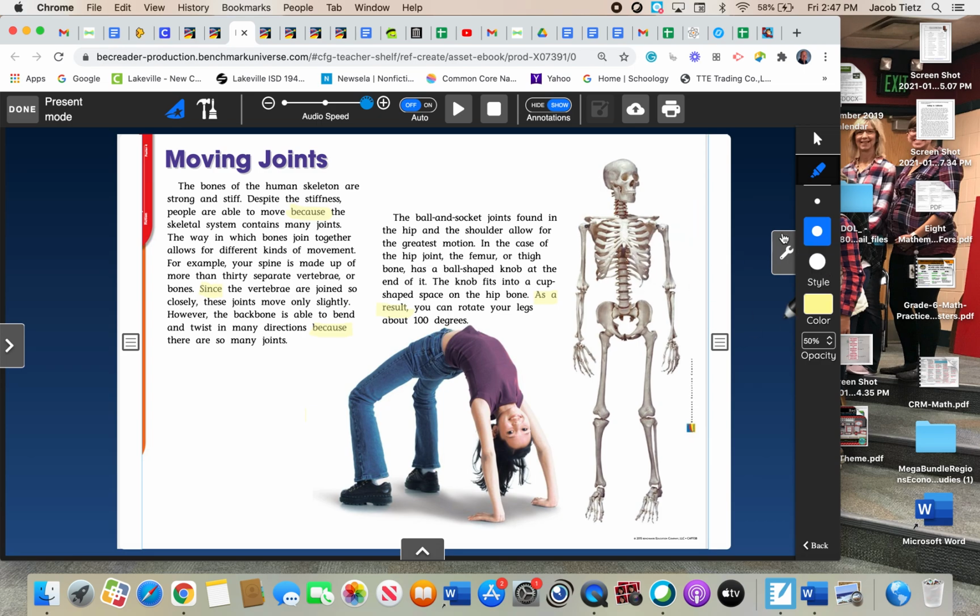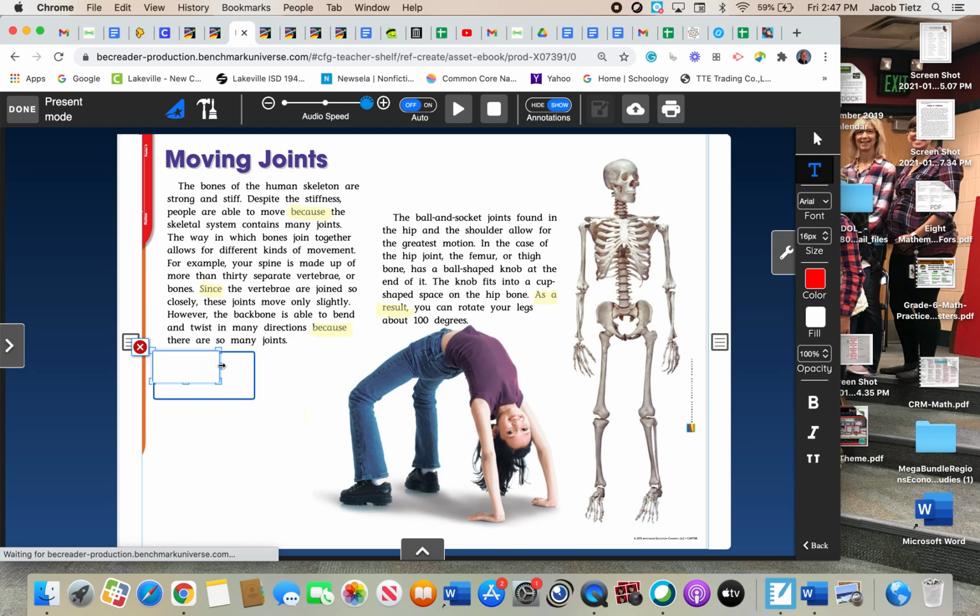So let's do a text box. And let's make it a little smaller as far as the text goes. Put this one right here. And so we have a cause.